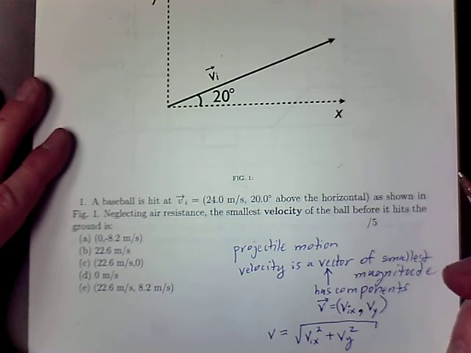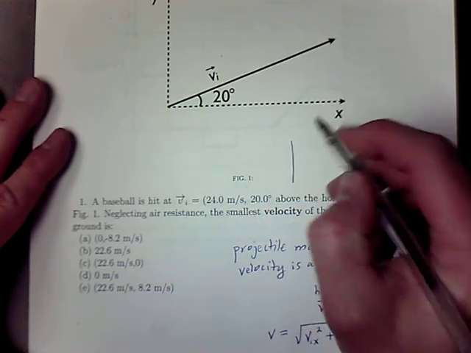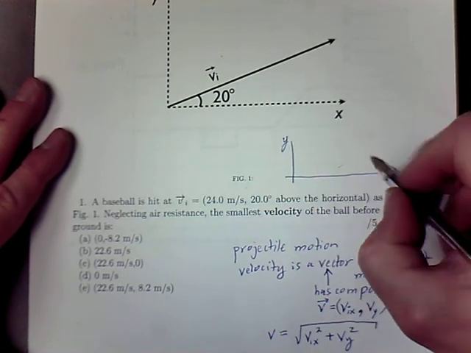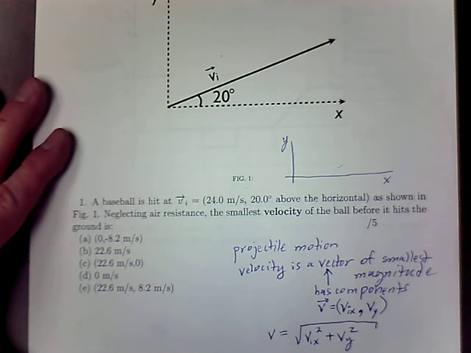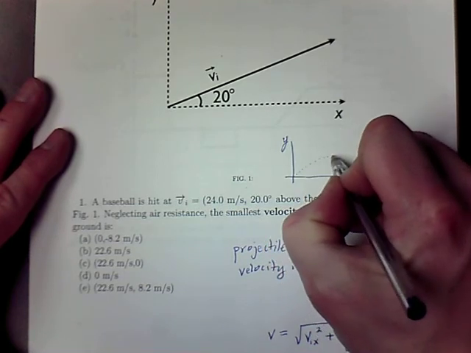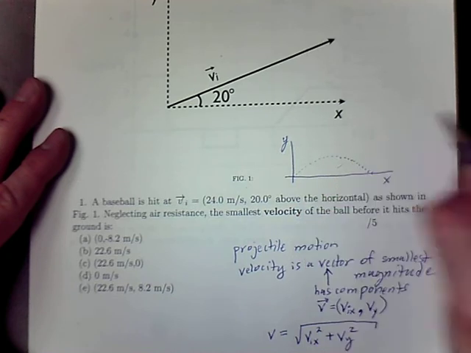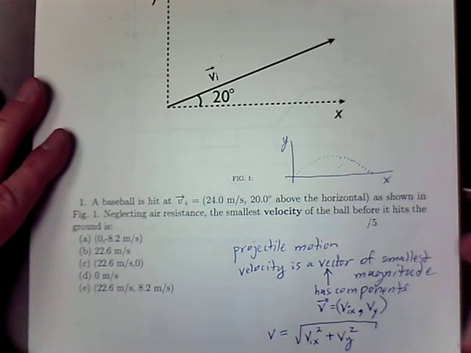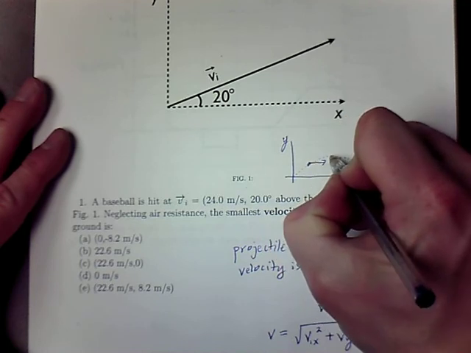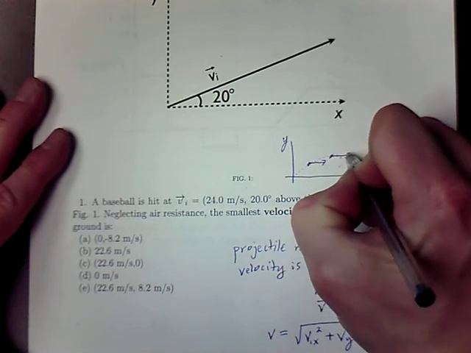Now, in projectile motion, we know that our motion in the y and x directions will look like a downward parabola. And at any point on that parabola, we have exactly the same horizontal component of the motion.